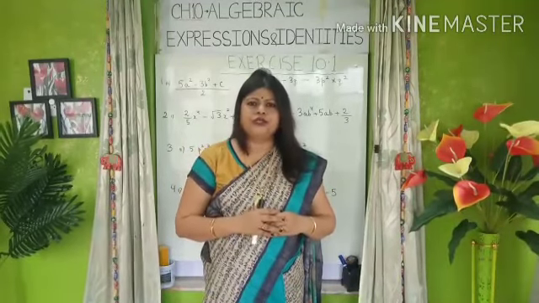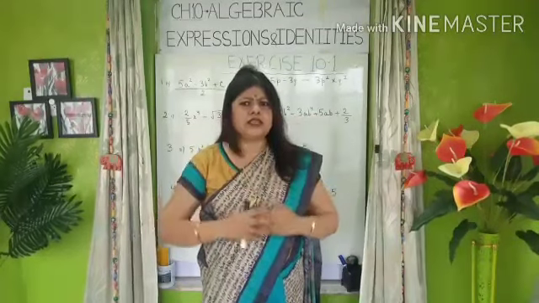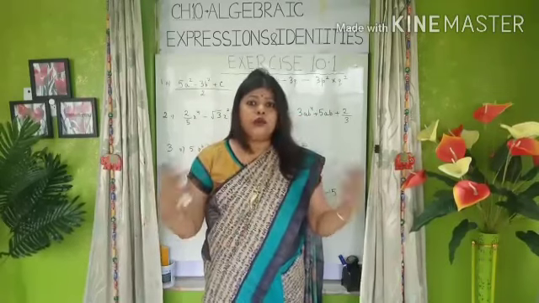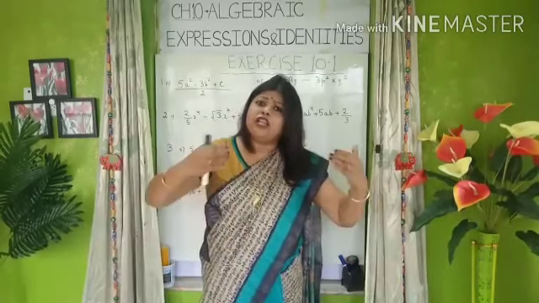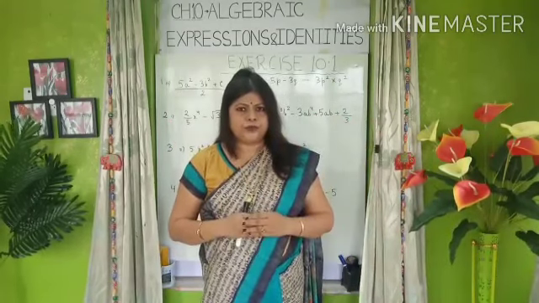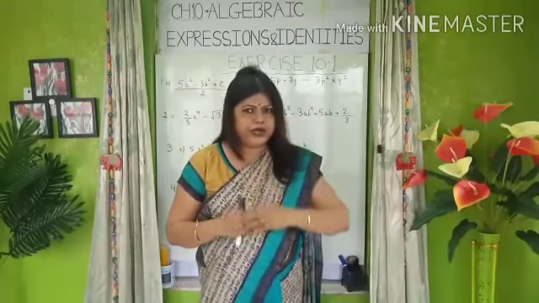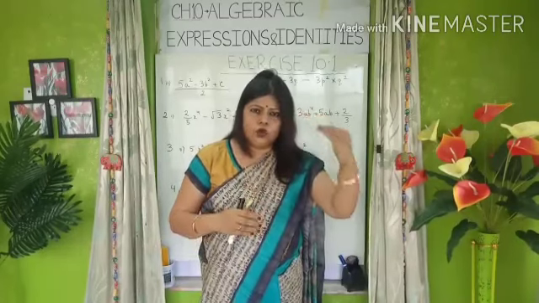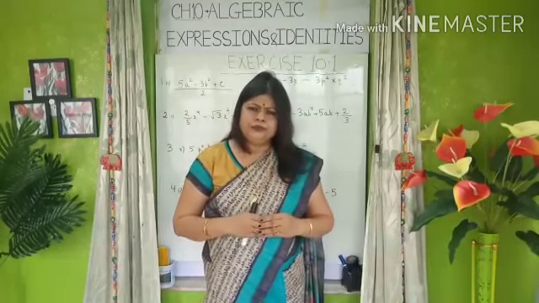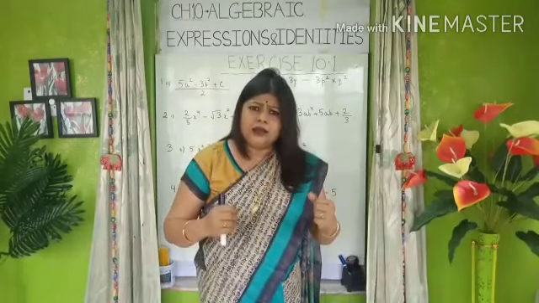Now students, you have already done this in class 7. But here in class 8, we are going to do this chapter in a much more elaborate manner. So students, types of terms we did. Monomial, binomial, trinomial, multinomial.